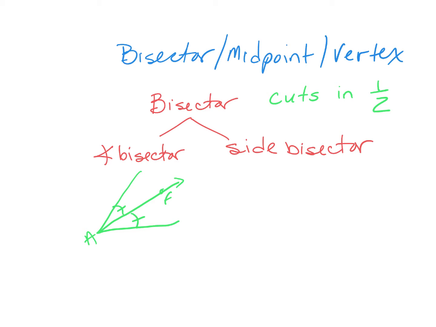It also can say, if it says that that angle equals that angle, you can conclude that AF is an angle bisector. So if they give you that it is an angle bisector, you can conclude the two are congruent. If it tells you the two are congruent, then you can say it's an angle bisector. So now we have this one.